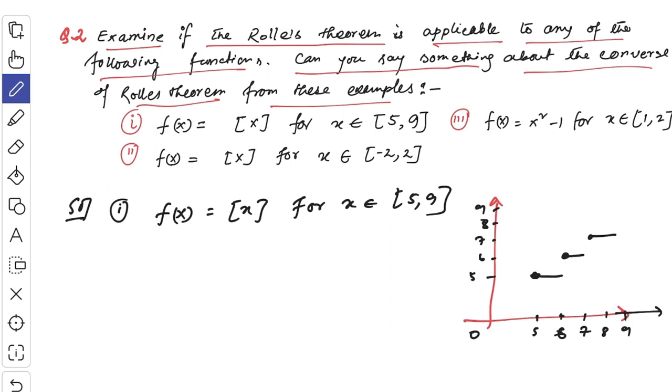So here you see, from the graph it is clear that it is not continuous. But remember one thing, greatest integer functions are discontinuous, they are not continuous.